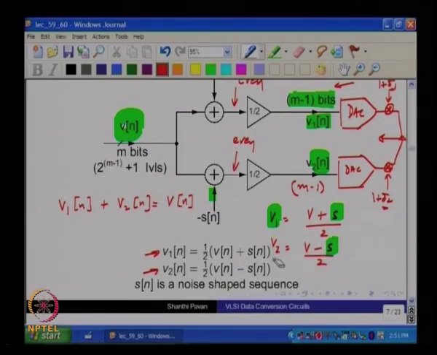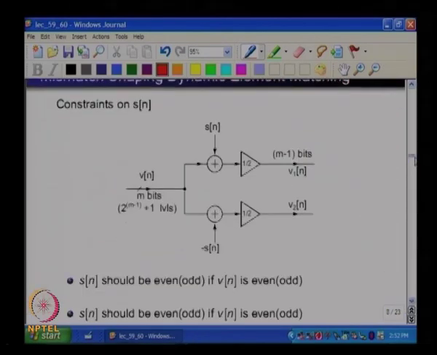So, in other words, if you want the noise or the mismatch between the gains of these two DACs to be shaped out of the signal band, you must have S of n whose spectrum also has the same kind of noise shaping in the signal band. Does it make sense? So, what exactly are we looking for as far as S of n is concerned?